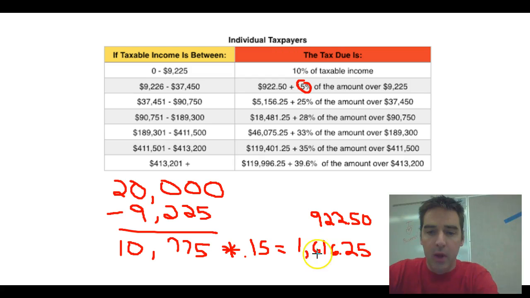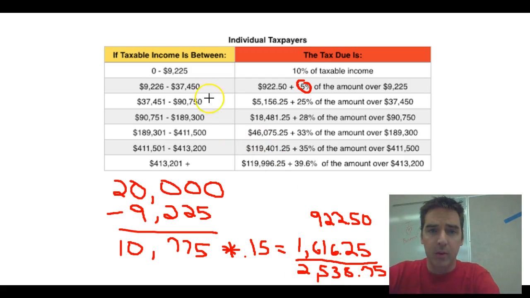And that's where you get the $1,616.25. So when we take those two and we add it up, our total tax is going to be $2,538. It's kind of hard to use a mouse here to write the numbers in, and 75 cents. All right, so there you have it.